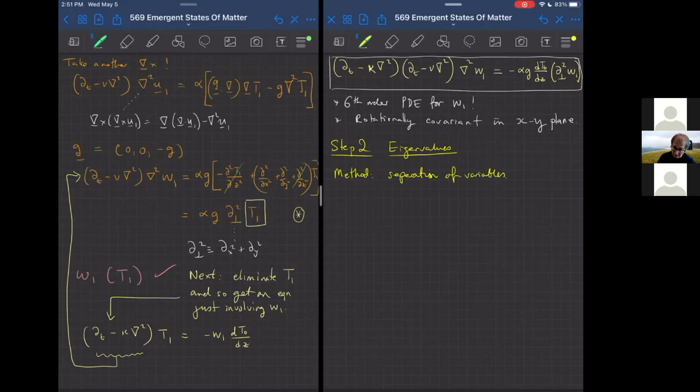the separation of variables, and so what we're going to assume is that the w of x and t can be written down as some function which I'll call capital W in the z direction times some function in the xy plane, and then e to the omega t. So that's a way of writing down the separation of variables.